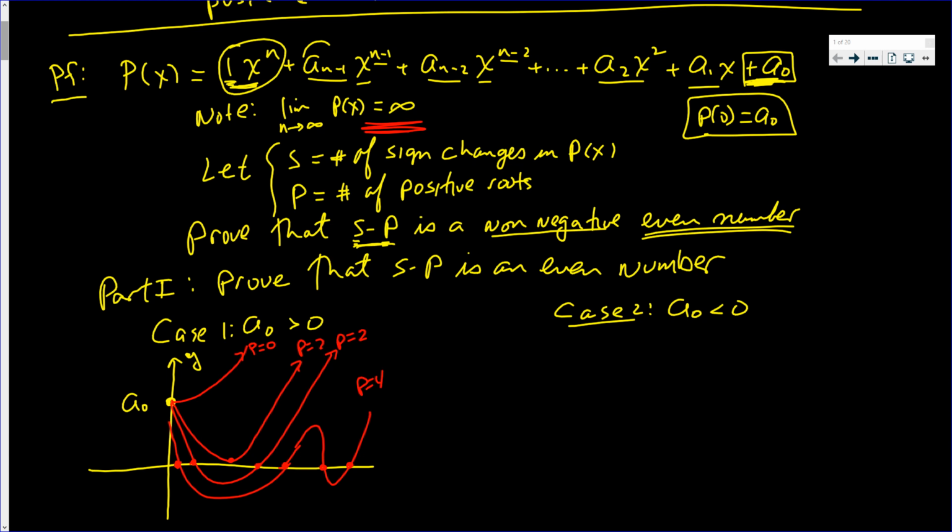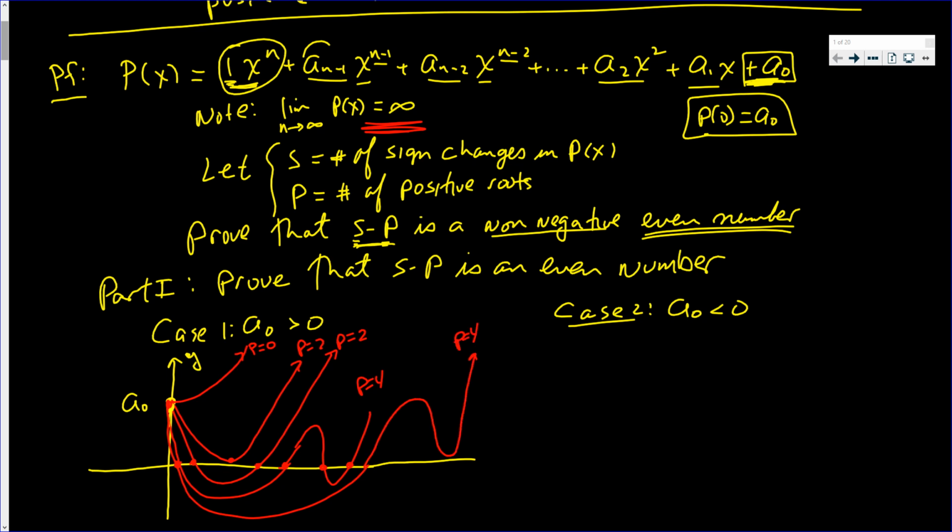What if it goes like this? And they all should go through a sub 0. Suppose we have this one. It has 2 roots so far, and then it comes down and it just touches, but we count that as 2, and then it goes up.